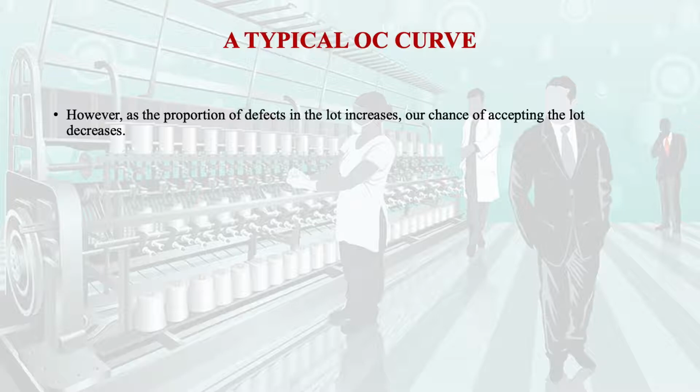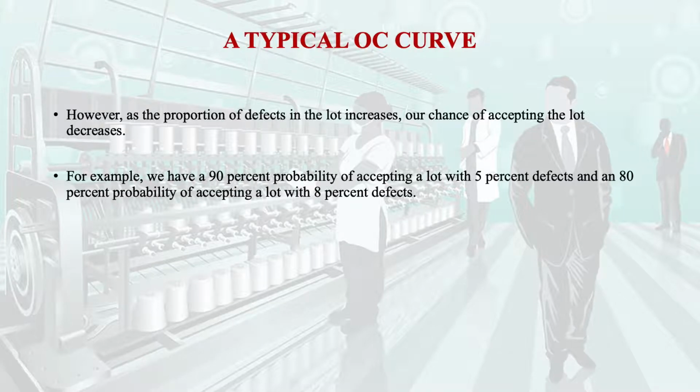In a typical OC curve, as the proportion of defects in the lot increases, our chances of accepting the lot decrease. For example, we may have a 90% probability of accepting a lot with 5% defects and an 80% probability of accepting a lot with 8% defects. As the percentage of defects increases, the probability decreases.